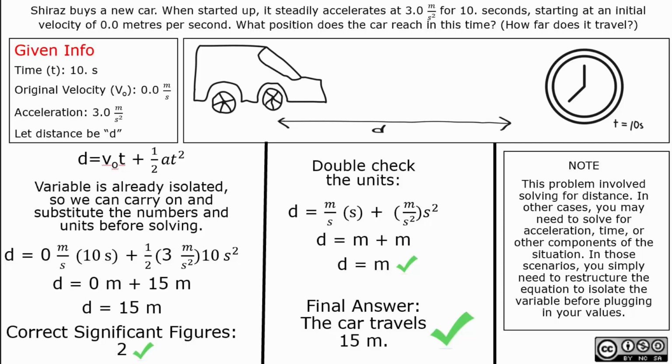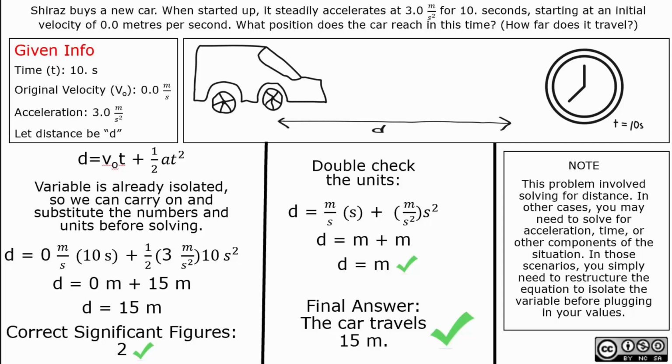The variable that we're trying to find, which is d, is already isolated, so we can carry on and substitute the numbers and units before solving. So as you see, we solve it. d equals 0 meters per second times 10 seconds plus half of 3 meters per second squared times 10 seconds squared, which leads to d equals 0 meters plus 15 meters, and finally d equals 15 meters.